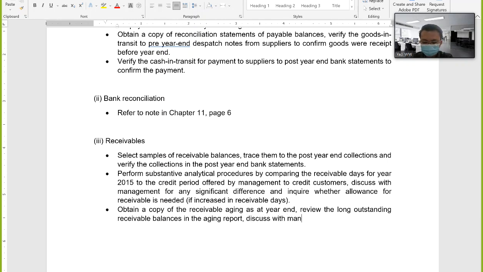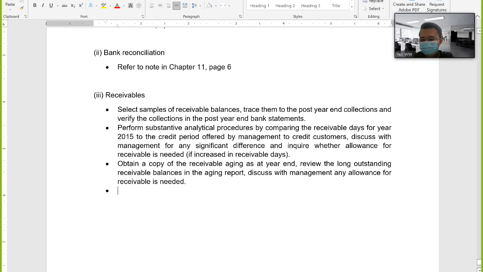Discuss with management any allowance for receivable is needed. Okay. So that will actually prove the valuation, yeah, allowance for receivable. Now, what else we can do?